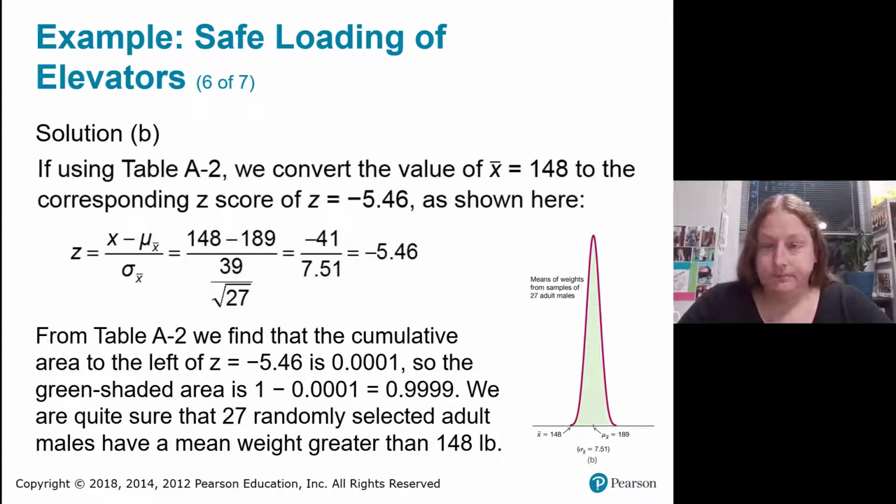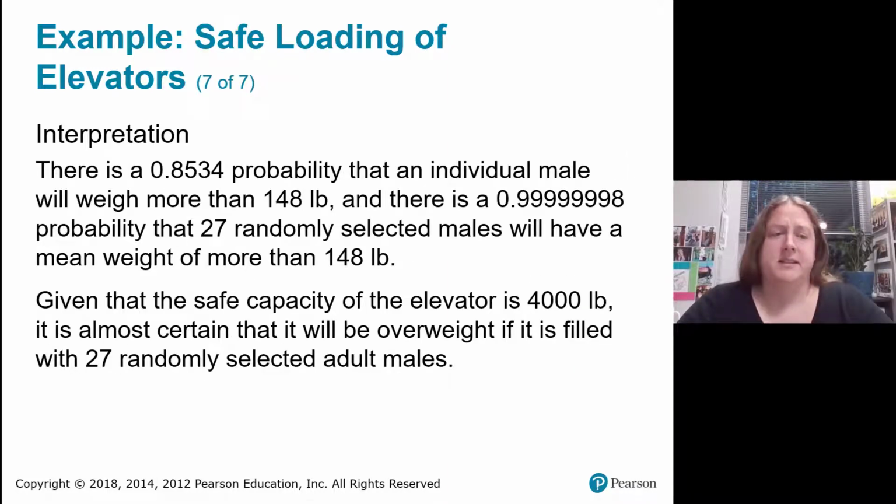So let's interpret these things. In part A, there was a 0.8531 probability that an individual male will weigh more than 148 pounds. And from part B, we've got a 0.9999 probability that 27 randomly selected males will have a mean weight of more than 148 pounds.